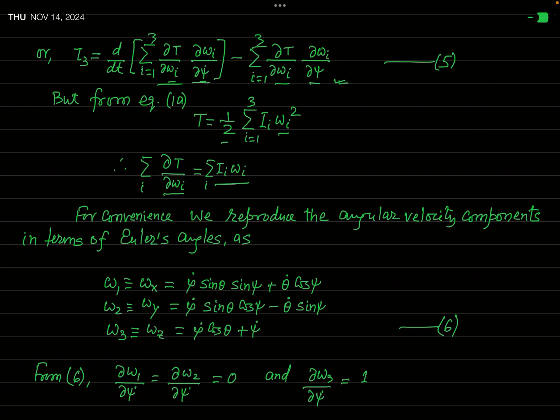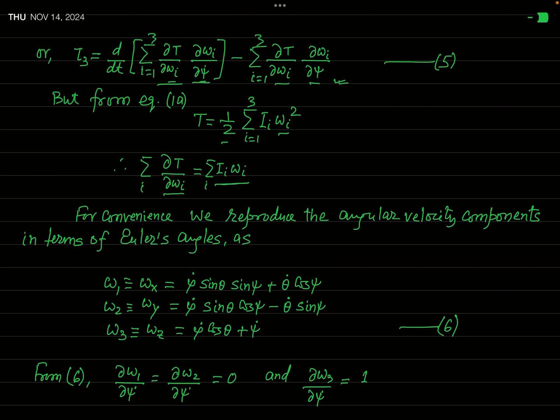And I told you that the results for components of angular velocity of a rigid body with respect to the body set of axes are more useful, because they will be needed in several concepts which we will discuss further.